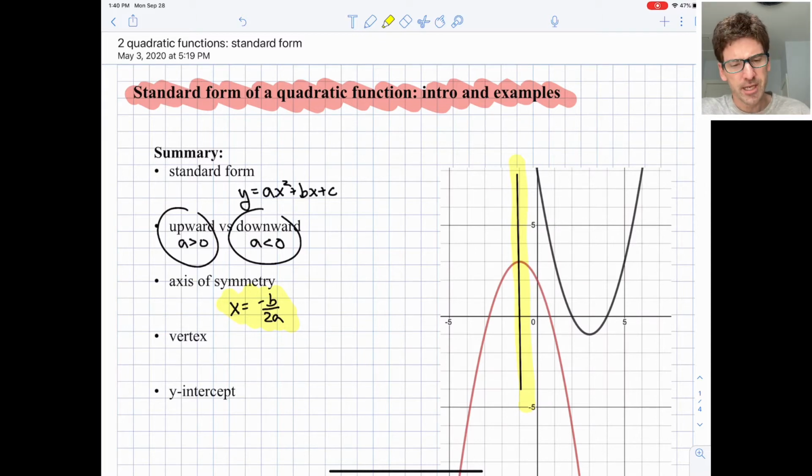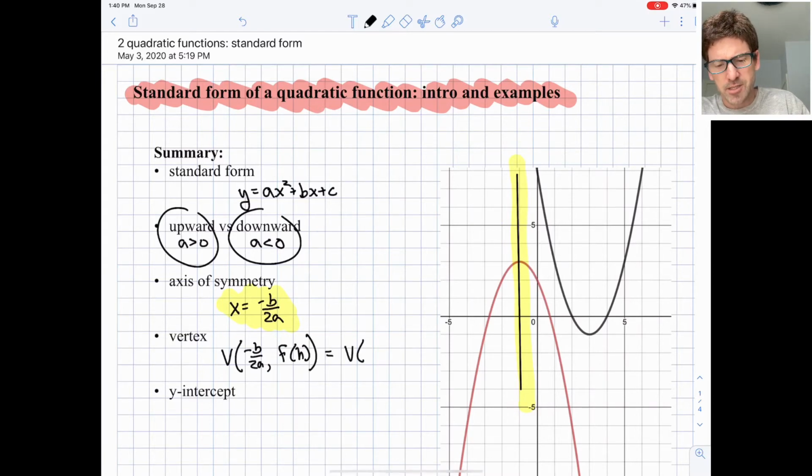So the vertex of the parabola has a specific set of coordinates, and the coordinates will be as follows: negative b over 2a, comma, f of h. And let me talk about what that means. So we use the letters h and k to refer to the coordinates of the vertex of the parabola.